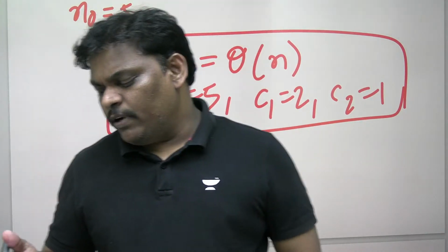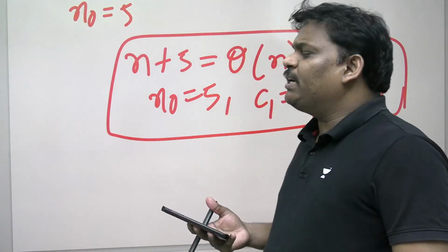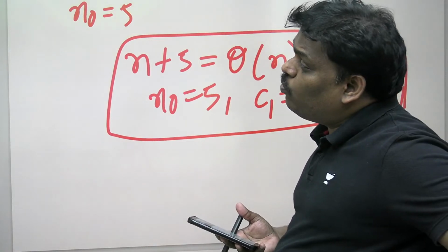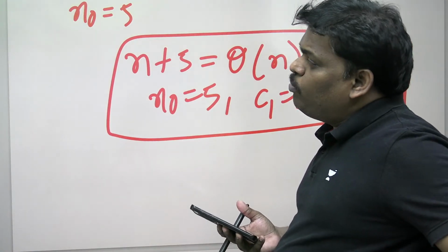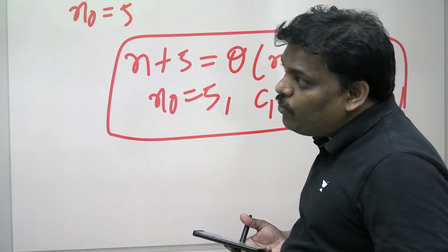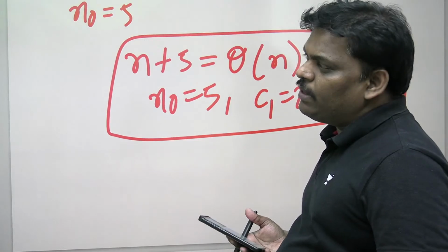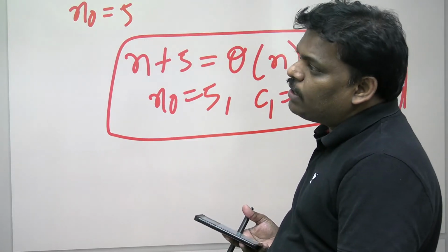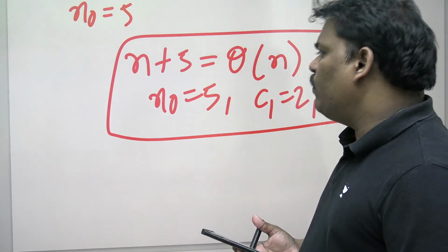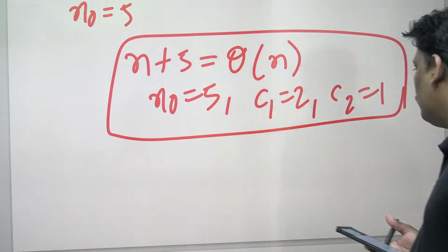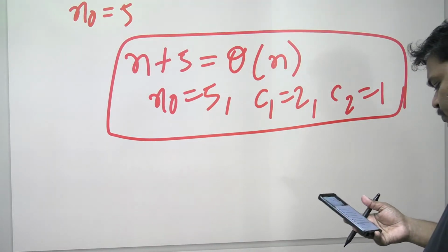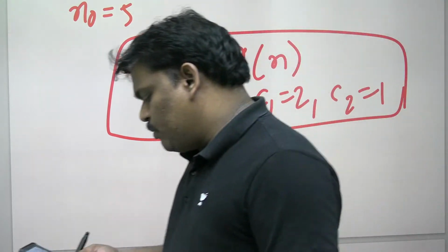Please check if anyone has a doubt. So both possible, theta possible. Some people are saying, sir, big O is possible from 5 and omega from 1, so how theta? Big O is possible from 5 onwards everywhere, omega possible from 1, so both are possible from 5. C1 is equal to 2, C2 is equal to 1, n0 is equal to 5, both possible. Then theta is possible. Right? Fine.